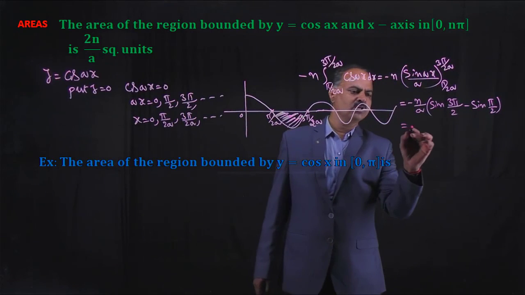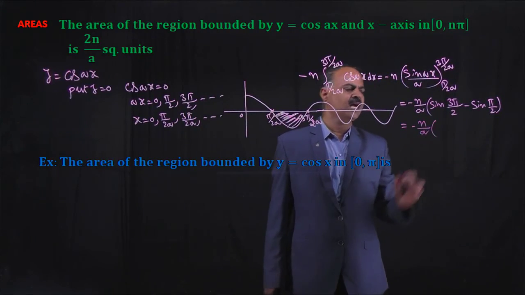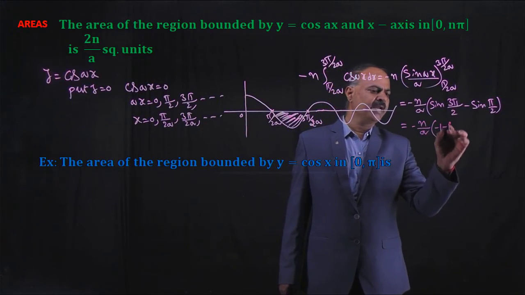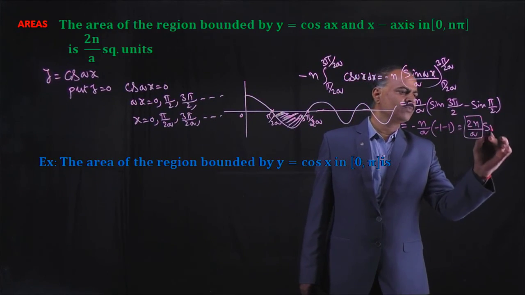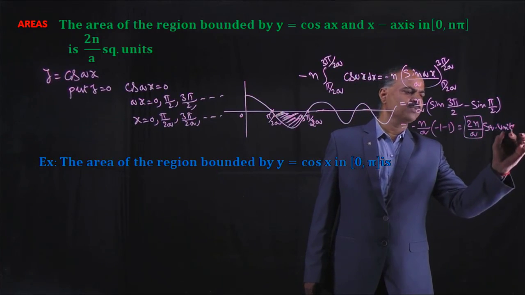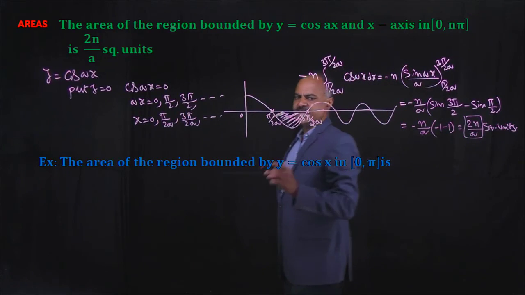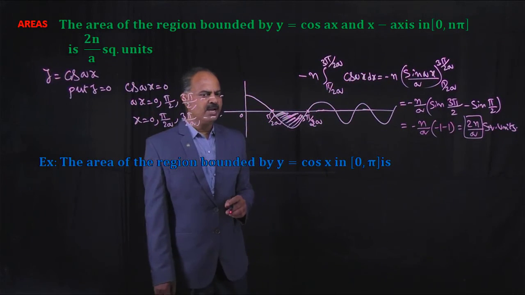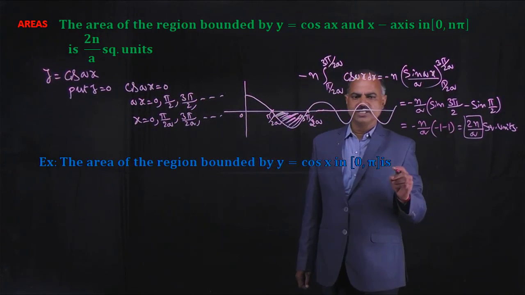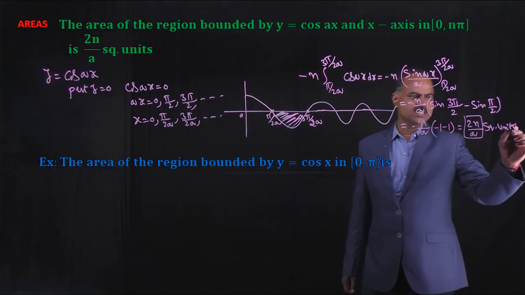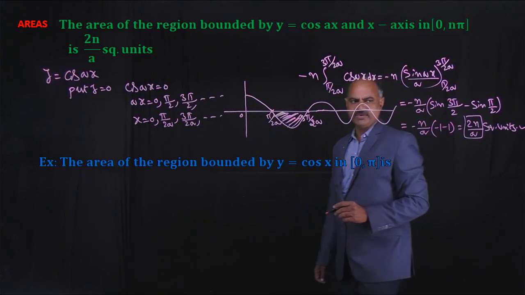Now this is equal to minus n by a into sin 3 pi by 2 minus 1, which is equal to 2n by a square units. So finally, the area of the region bounded by y equal to cos ax and the x-axis in the closed interval 0 comma n pi is 2n by a square units.